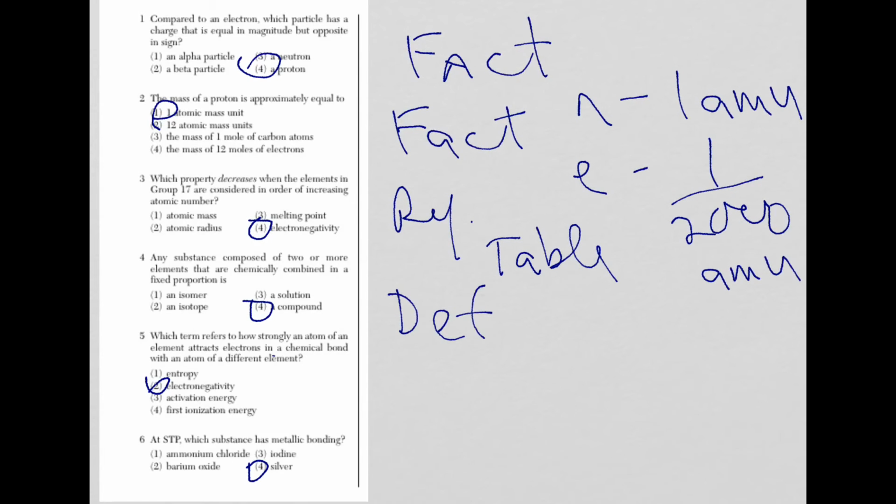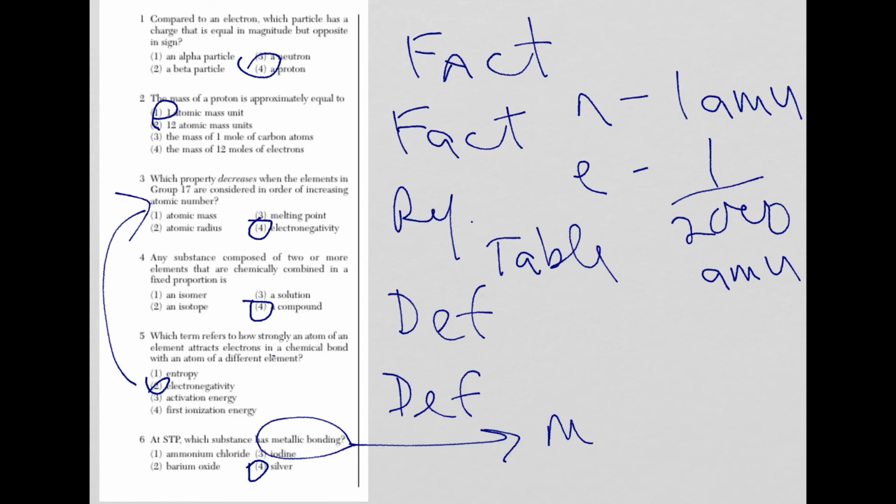For number 5, this again is a definition. This is the definition of electronegativity, and in fact you needed that to understand, or at least pretty much answer question 3. And then finally for question 6, metallic bonding. Metallic bonding is between metals, meaning atoms of metals.